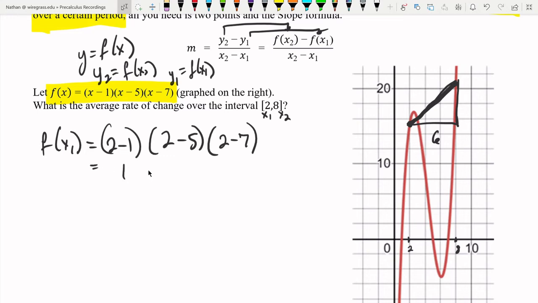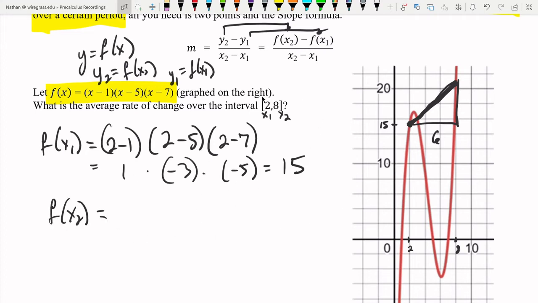It's going to give us 1 times negative 3 times negative 5, which is positive 15. That looks about right.